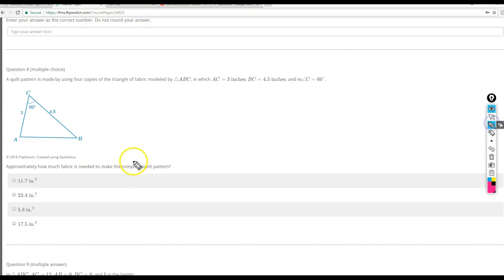Okay, so the question is asking for a complete quilt pattern, and that means we have 4 copies. So we first need to find the area of this, and then we need to total it up for 4 copies.